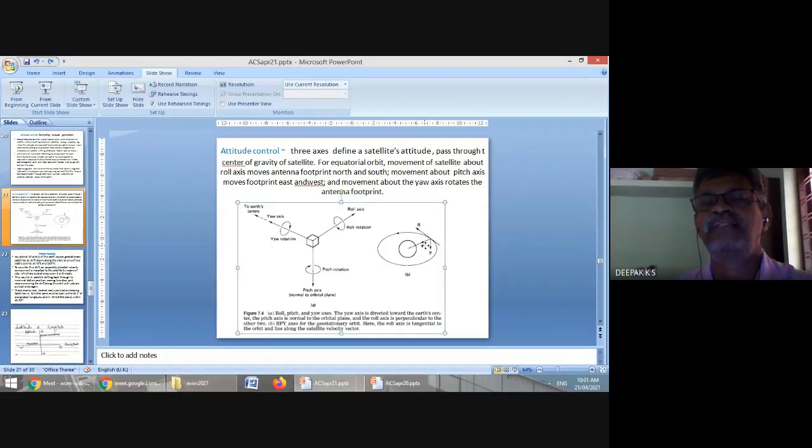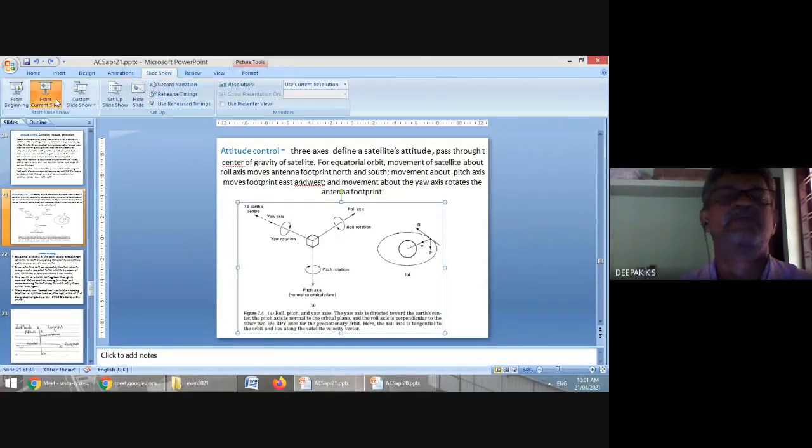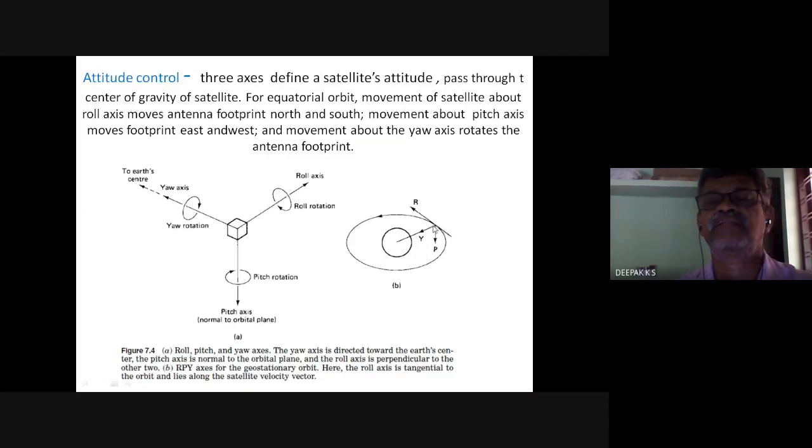One axis is from the satellite towards the center of the Earth. This is the yaw axis, from the satellite to the center of the Earth. And three axes define a satellite's attitude.